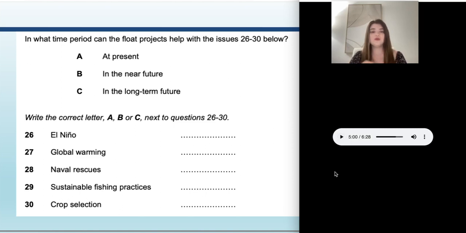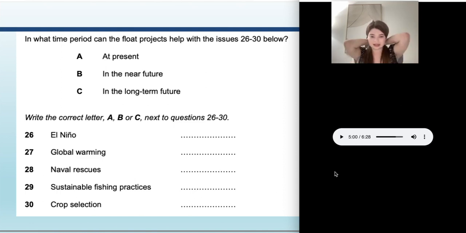Okay, when they say well on their way to completing a project, what does that mean? That means perhaps it will be completed in the near future. So not super far off, but they talked about government, right? They talked about having certain laws to preserve fish with these float projects, right? That's what they said.